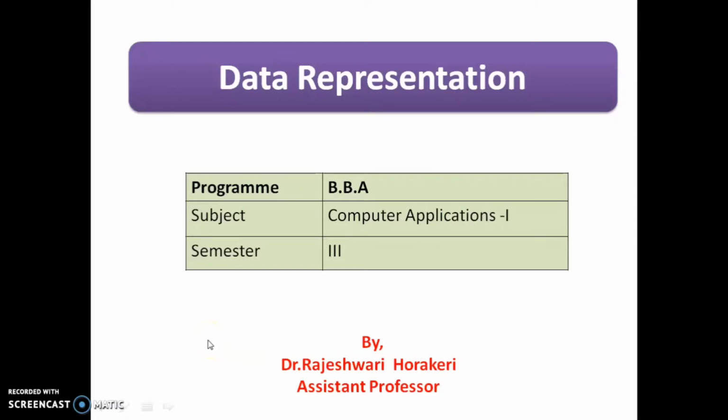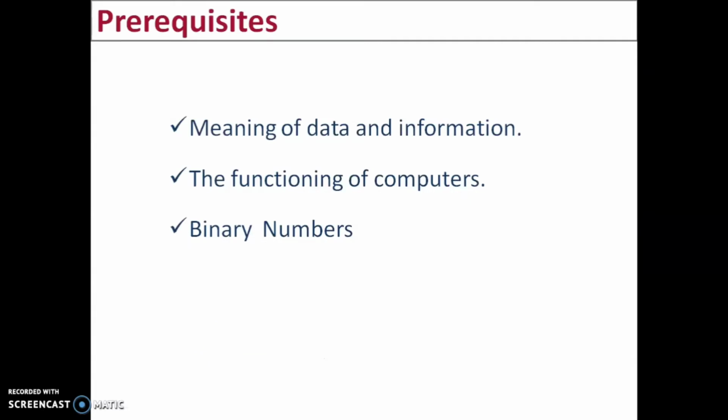Data representation. Having knowledge of what is data, what is information, how a computer works, and also binary numbers. What are these binary numbers? Binary means 0 and 1, nothing but a machine language. Computers work in binary.